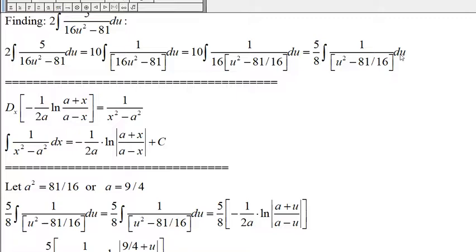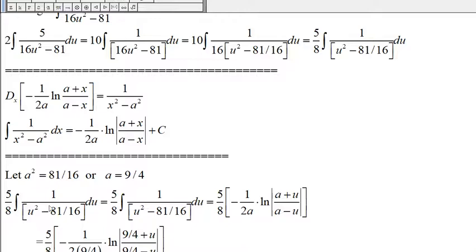The integral here is in terms of u. Here is in terms of x. And so we have to write it as u and not x. And so let a squared be 81 over 16, or a is 9 over 4. And so this integral here becomes 5 over a times negative 1 over 2a times the natural log of (a plus u) divided by (a minus u).